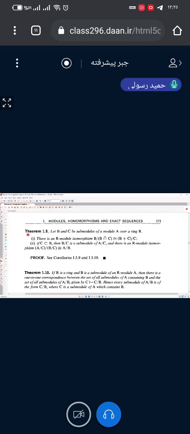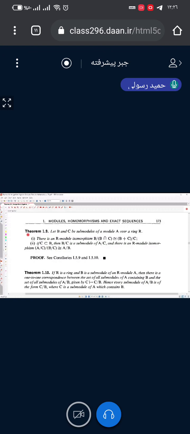Let B and C be submodules of a module A over a ring R. Number one, there is an R-module isomorphism B/(B∩C) is isomorphic to (B+C)/C. This is a well-known isomorphism in algebraic structures, not only for groups, but for rings and other structures.